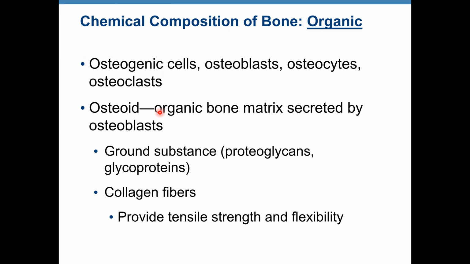An osteoid is organic bone matrix. This bone matrix is secreted by osteoblasts. And osteoid will include ground substance, right? Proteoglycans, glycoproteins, and those are molecules that are made from proteins and sugar. And another part of osteoid is collagen fiber.